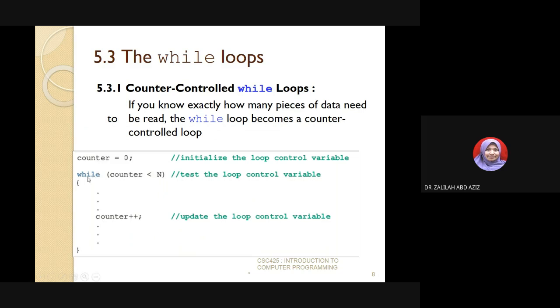However, instead of for statement, we are using while. Then dia mesti ada initialize the loop control variable, and then the condition to stop the loop, and then the statement if the condition is true, and then also update the loop control variable.